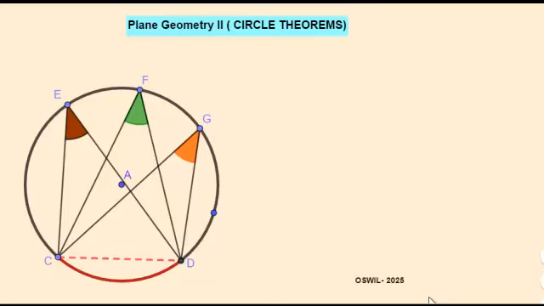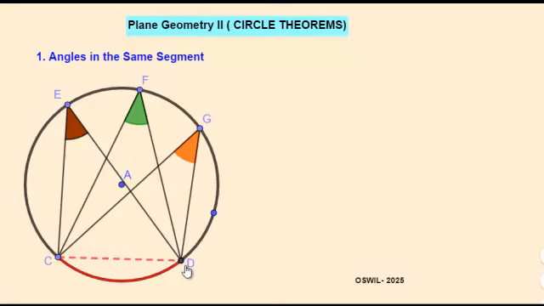Today we are going to consider plane geometry 2, and that is circle theorems in the Form 2 syllabus. And we would like to look at angles in the same segment. You already know segment, but for the sake of this video, I would like to talk about it.